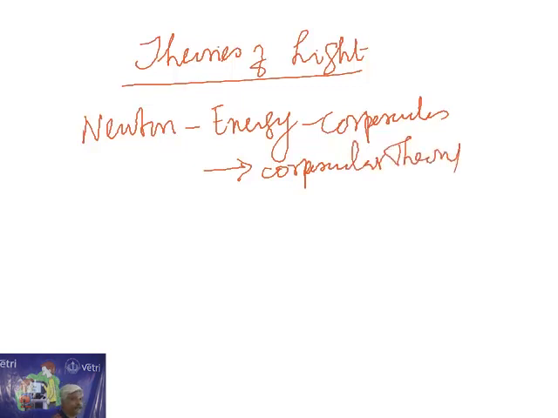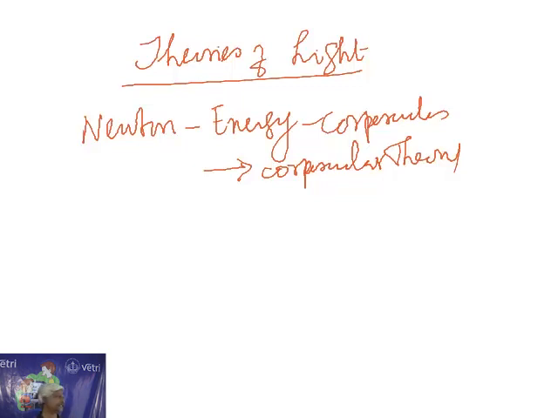The corpuscular theory was given by the scientist Newton. This was very old, the first theory. According to him, light is a form of energy transmitted from one place to another through tiny massless elastic particles called corpuscles, and the theory is called corpuscular theory.